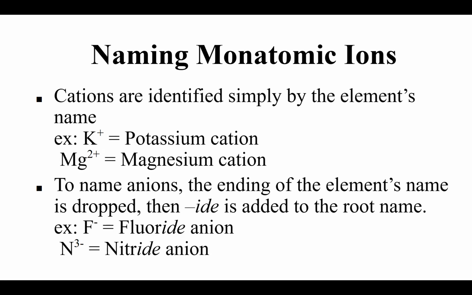Anions are different though. The ending of the element's name is dropped, then ide is added to the root name. Fluorine becomes fluoride. Nitrogen becomes nitride. Oxygen becomes oxide.